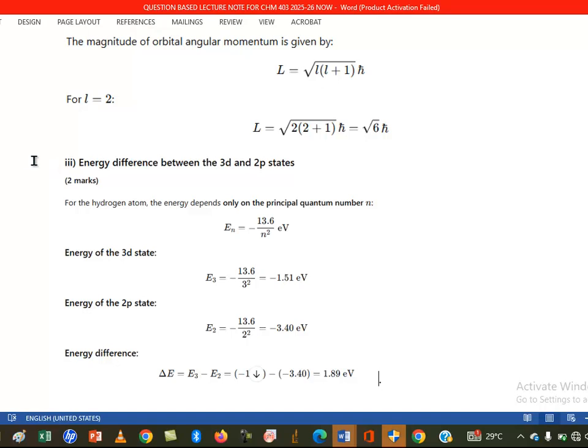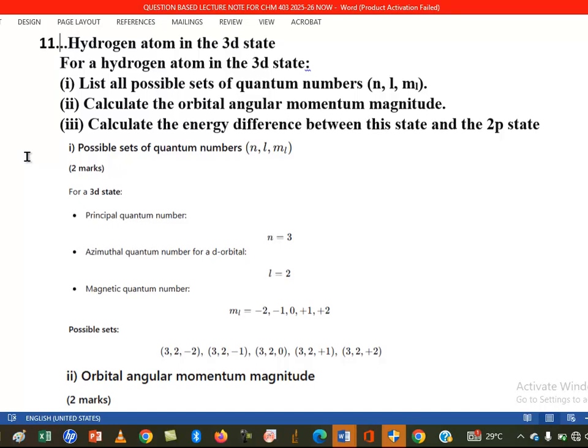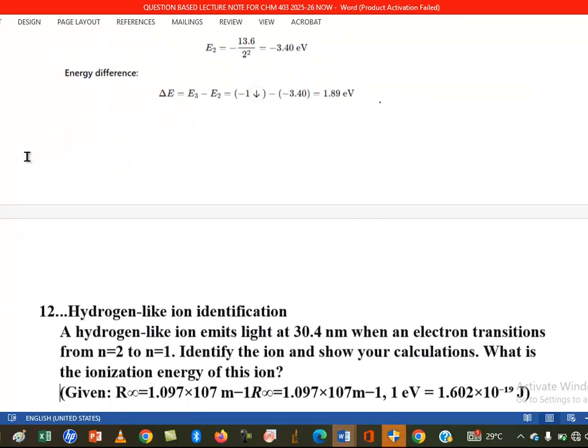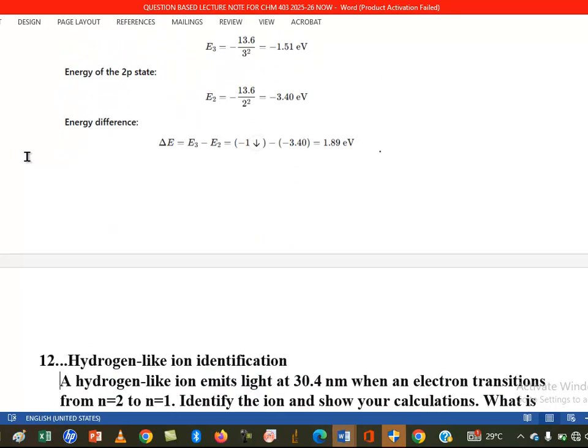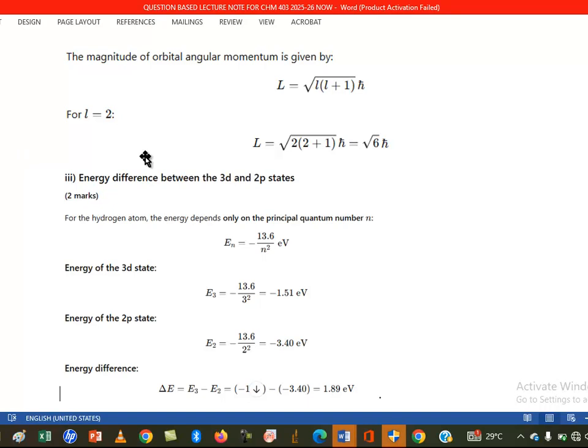Now to the third sub question. Calculate the energy difference between this state, 3D, and the 2p state. Remember we are looking at electron volts. So this is what you're going to use: En is equal to minus 13.6 over n squared eV.